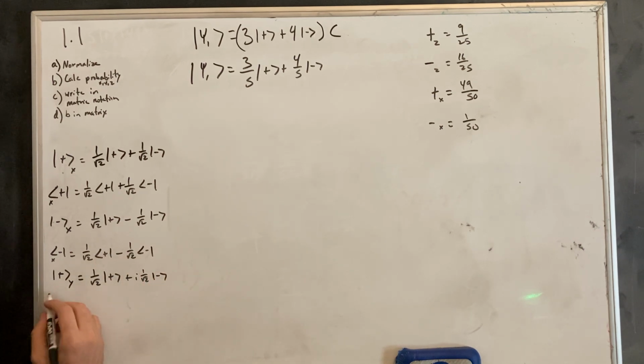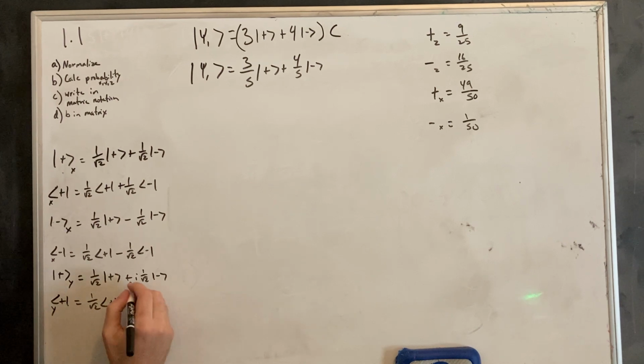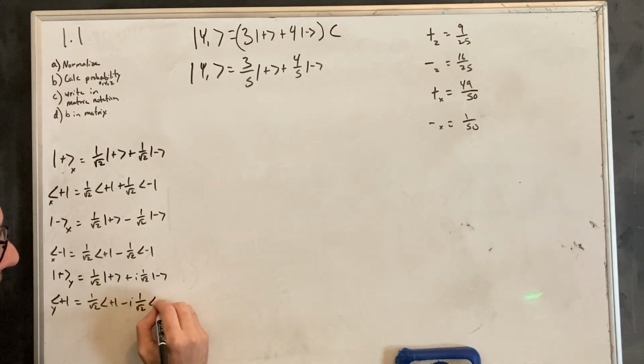And then if we were to reverse that for our bra state, we have 1 over root 2 bra for up minus, because we need to take the complex conjugate of i, so i 1 over root 2 down.